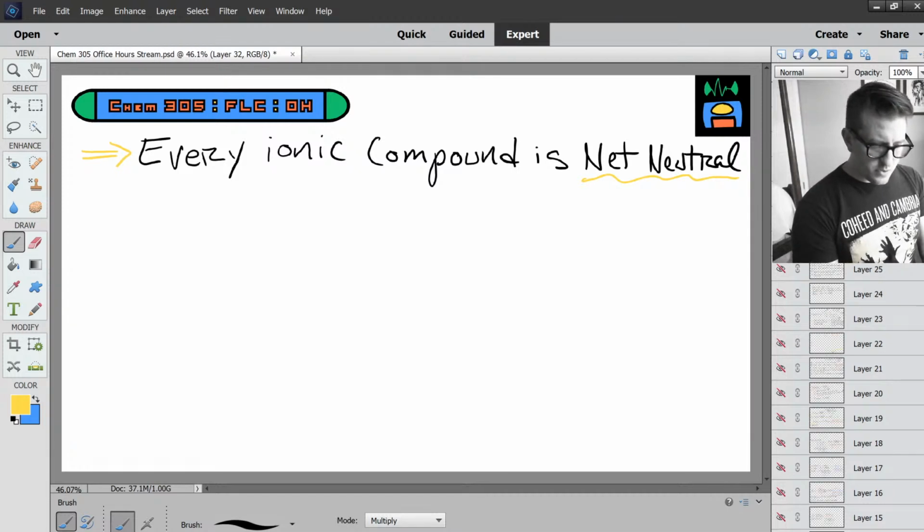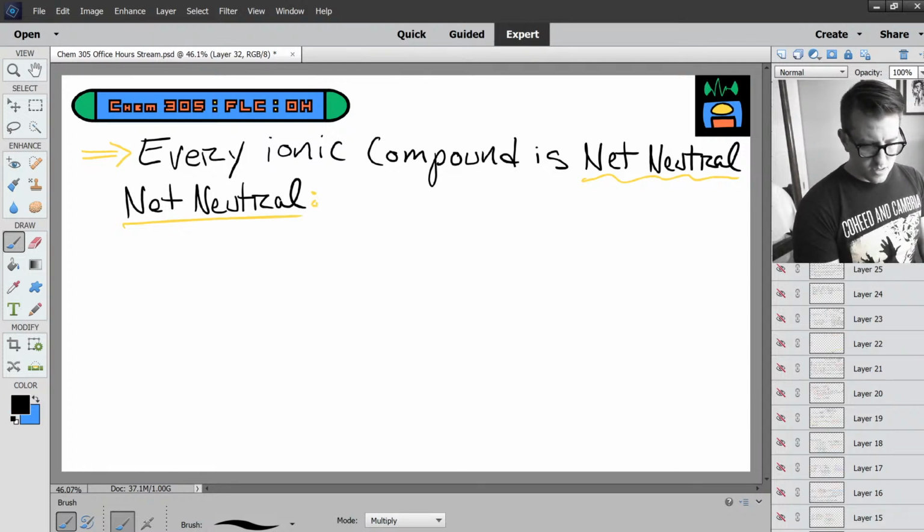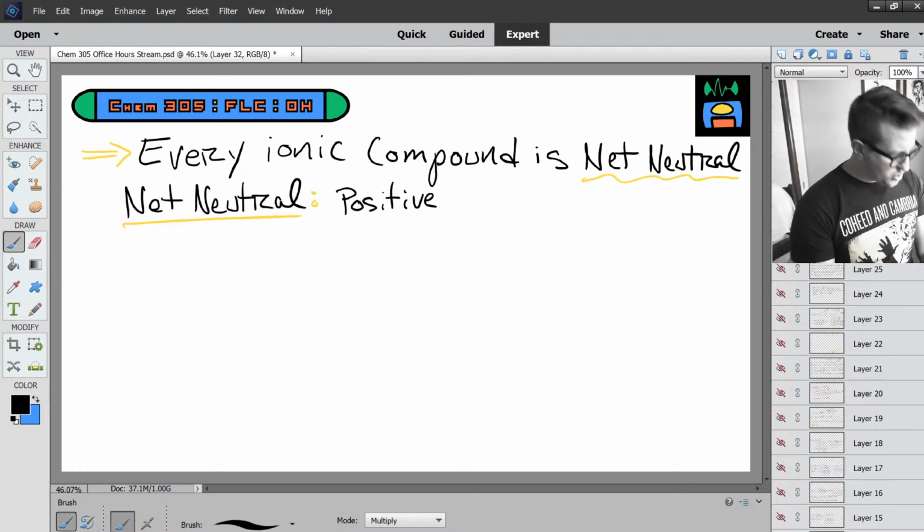And by net neutral means that the positive charges, okay, so you're tracking there. Okay, that's good.